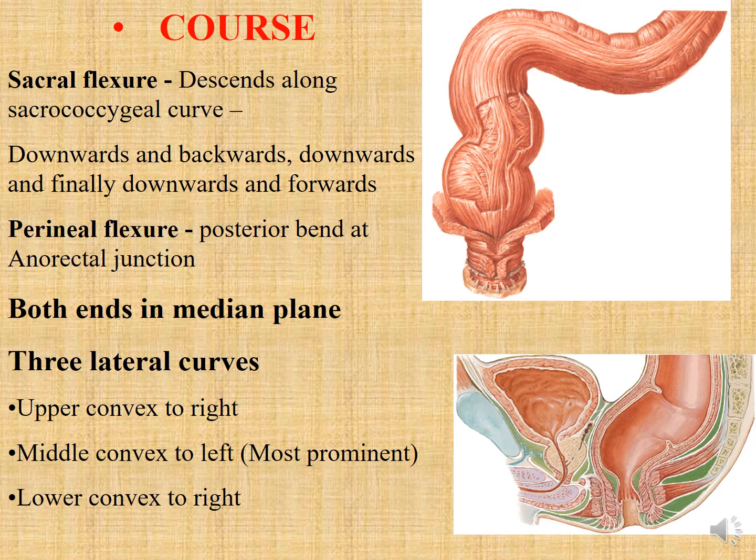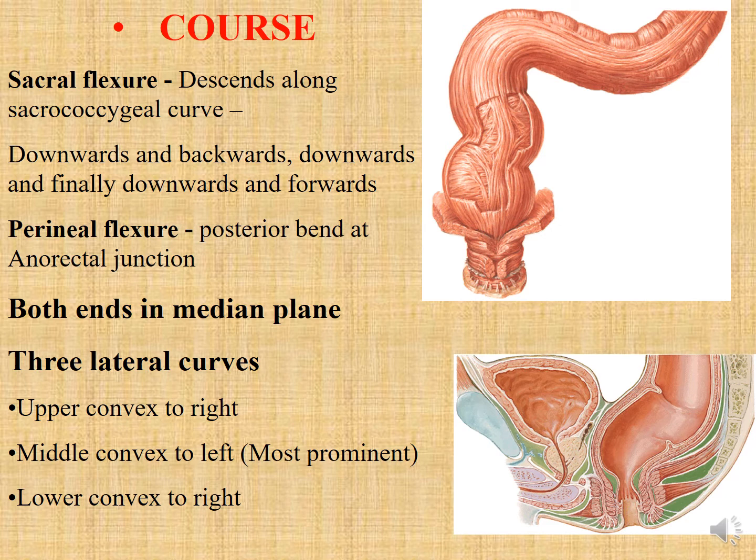The rectum in the upper one-third is directed downwards and backwards. In its middle third, it is directed vertically downwards, whereas in its lower third, it is directed downwards and forwards. So this is the direction, and the curvatures.